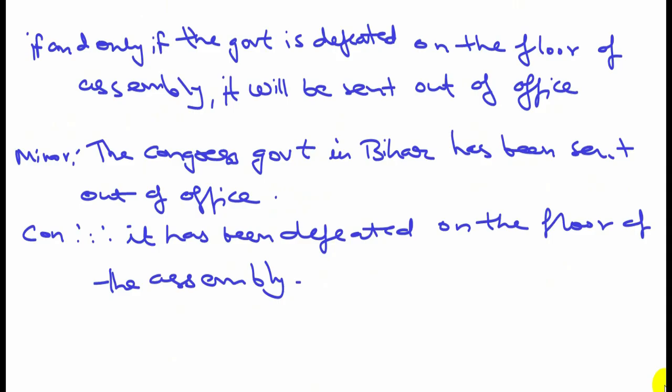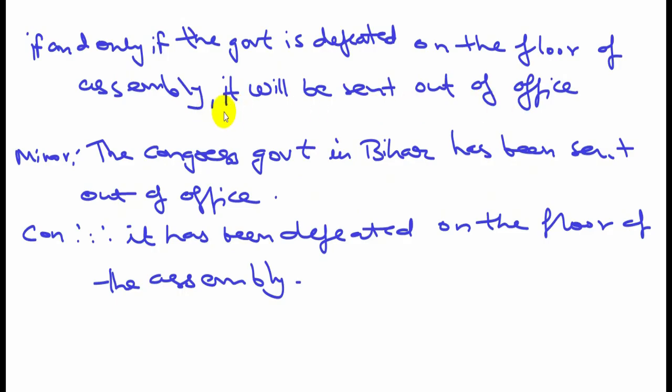Now, this is a valid modus tollens, or rather, yes, this is a valid modus ponens, because it says the government in Bihar has been sent out of office. So it is affirming the consequent. It will be sent out of office.